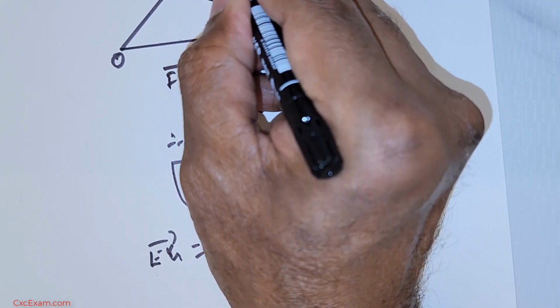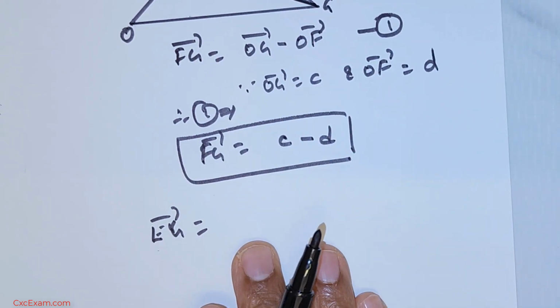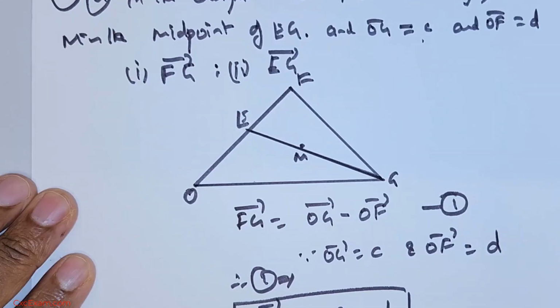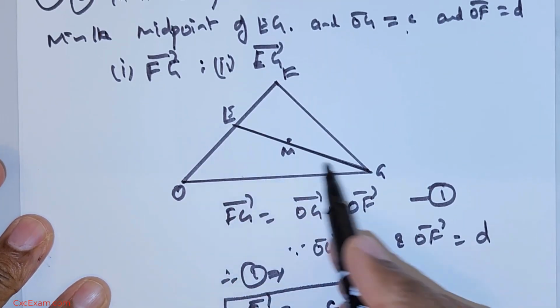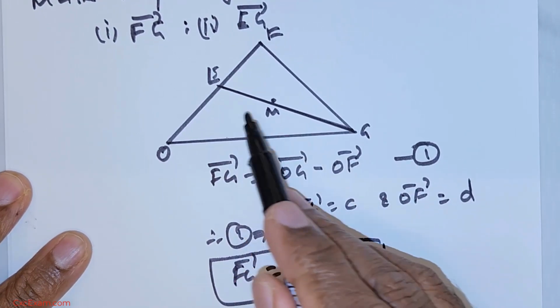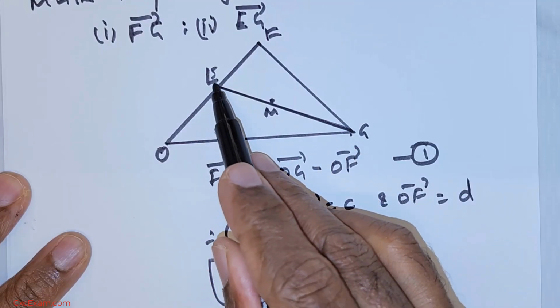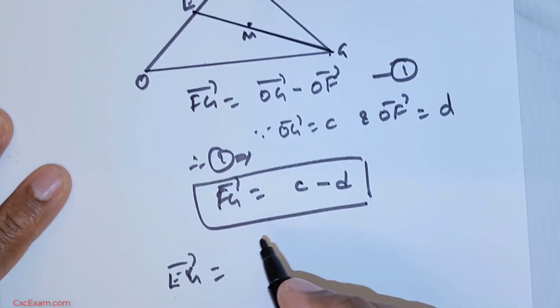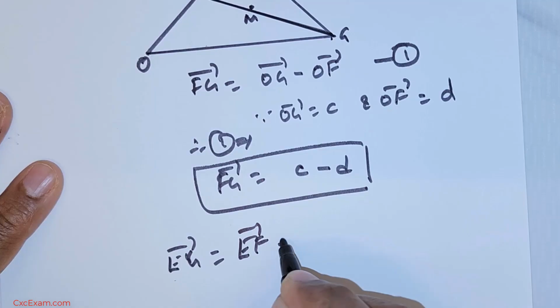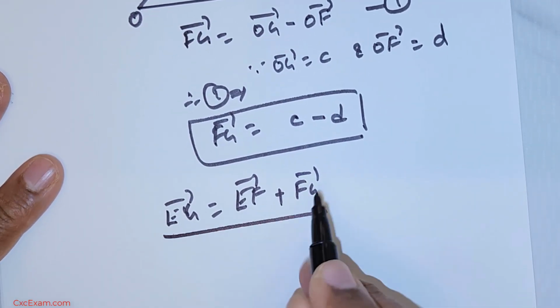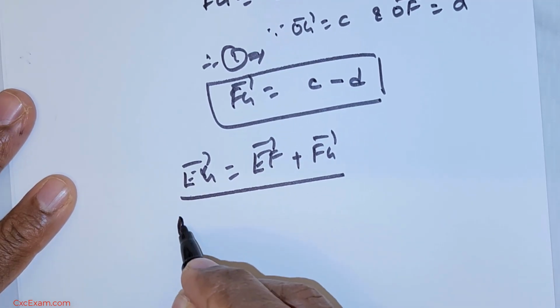This point is F. Okay, that's critical. So you observe this EG is over here. So the destination is G. So we move from E to F and then F to G. Okay, so this has to be solved.